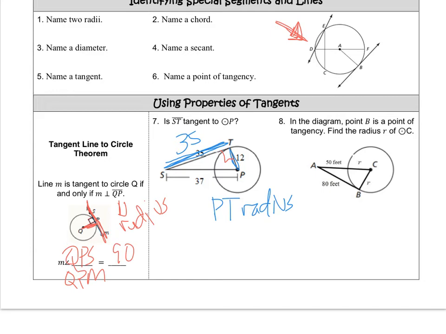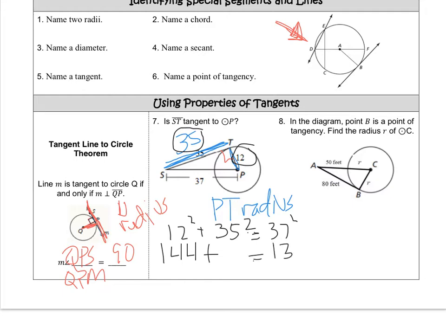The Pythagorean theorem. So 35 and 12 are my legs, so I would go 12 squared plus 35 squared equals 37 squared. Then I would do my math: 12 squared is 144. 35 squared, I don't have my calculator real quick.